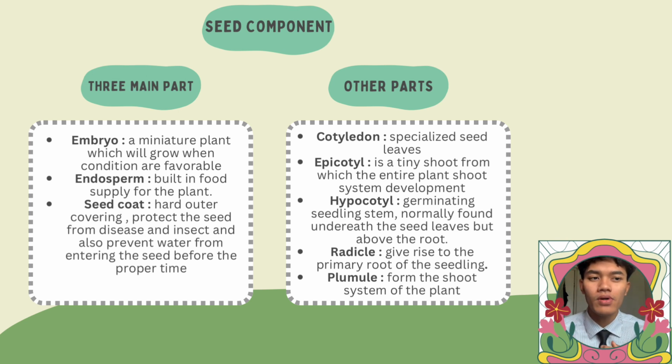Next is hypocotyl, the germinating seedling stem normally found under the cotyledon but above the root. And we also have radicle. Radicle gives rise to the primary root of the seedling. And the last one is plumule, from which the shoot system of the plant forms.